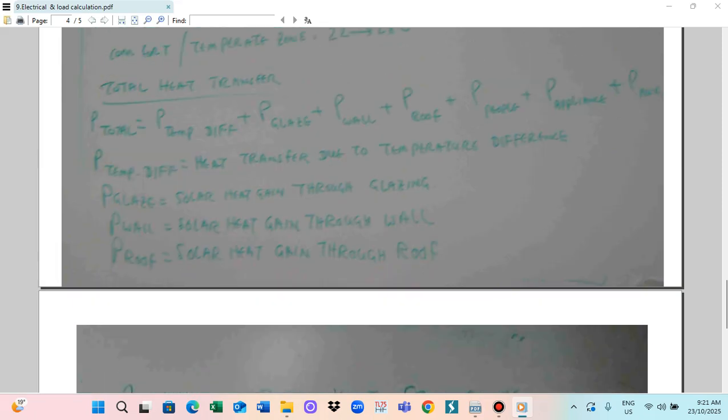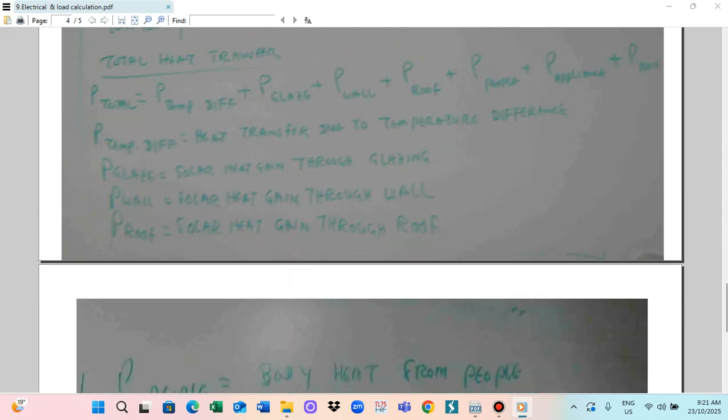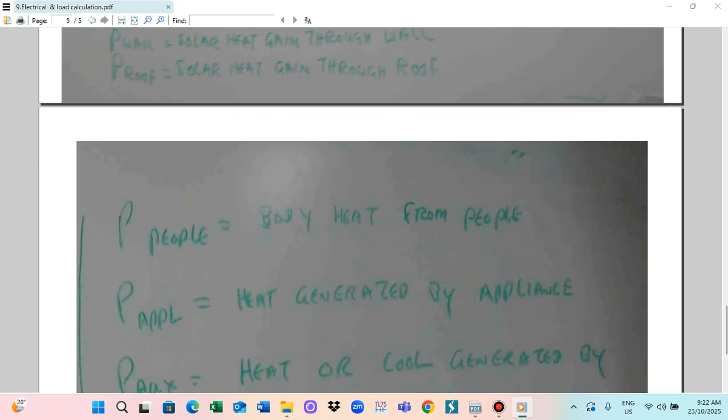So this is the formula to calculate the total heat gain, the heat transfer. P total equals P temperature difference plus P glass plus P wall plus P roof plus P people plus P appliance plus P auxiliary equipment. In this case, that is the heat gain through the temperature difference, heat gain through the glass, heat gain through the wall, heat gain due to the roof, heat emitted by the people, heat emitted by the appliances, and heat emitted by the auxiliary equipment.